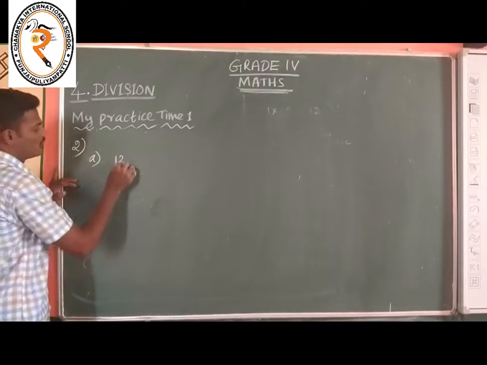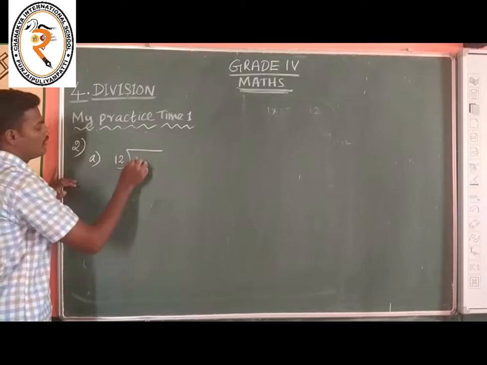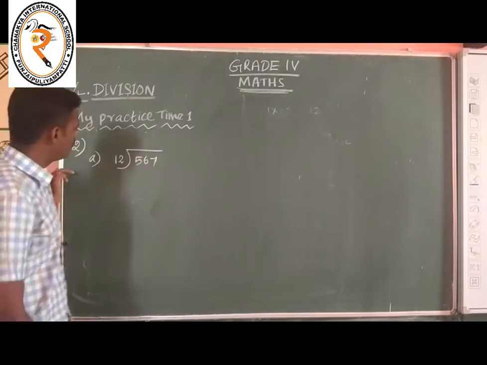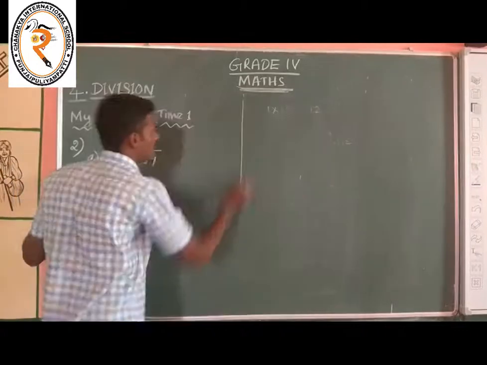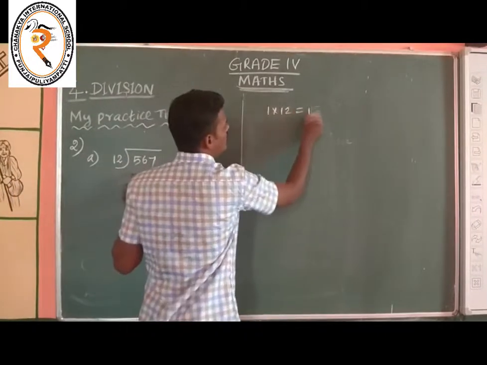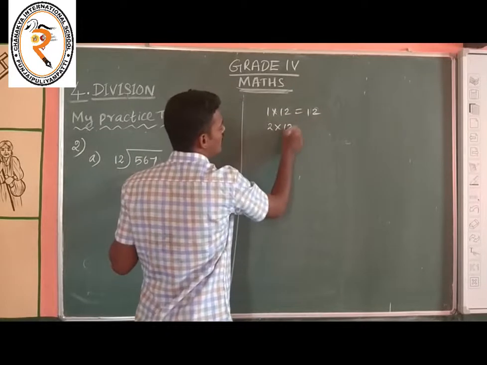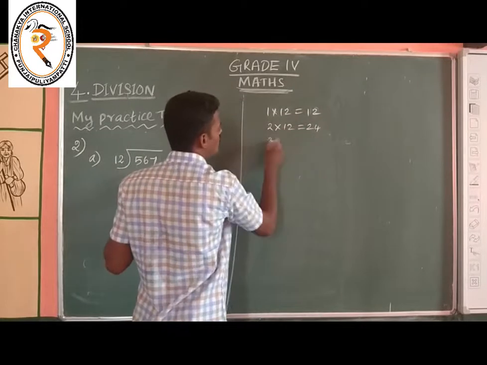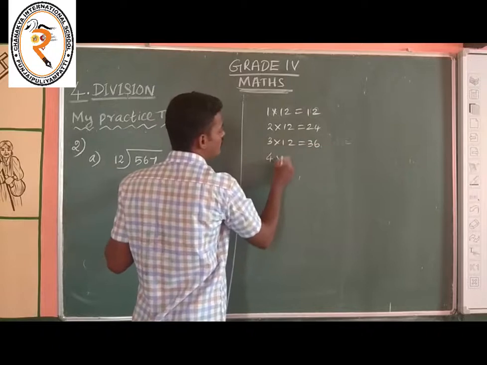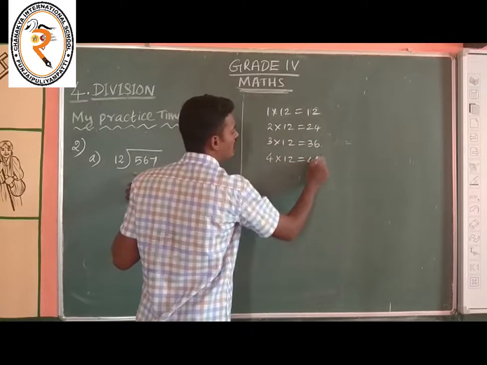567 divided by 12. Right? 12th table. 1 12 is 12. 2 12s are 24. 3 12s are 36. 4 12s are 48.